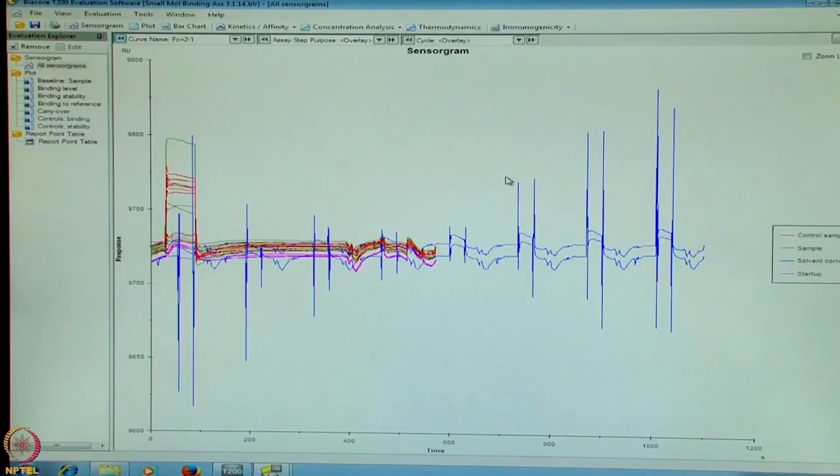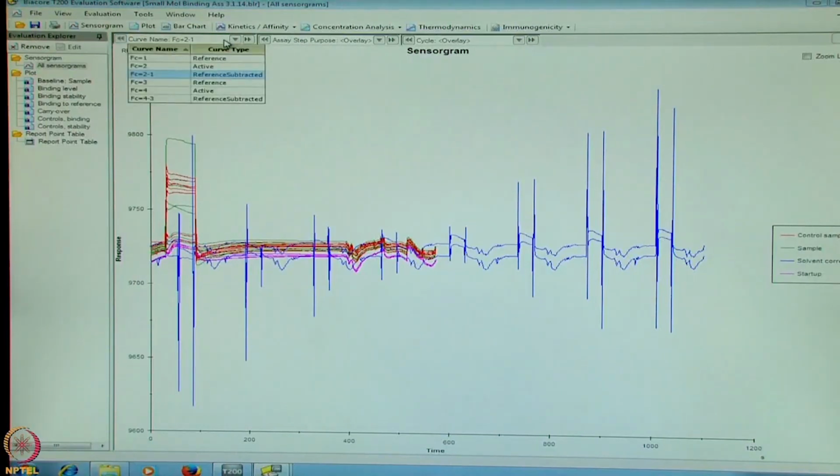Small molecule binding: once the wizard is set up and the experiment is done for at least 4 to 6 hours, we will open the data file to see the data. So this is how the data looks with all the control samples, sample, solvent correction and startups overlaid on each other. Here we can see the reference surface and the active surface, human serum albumin.